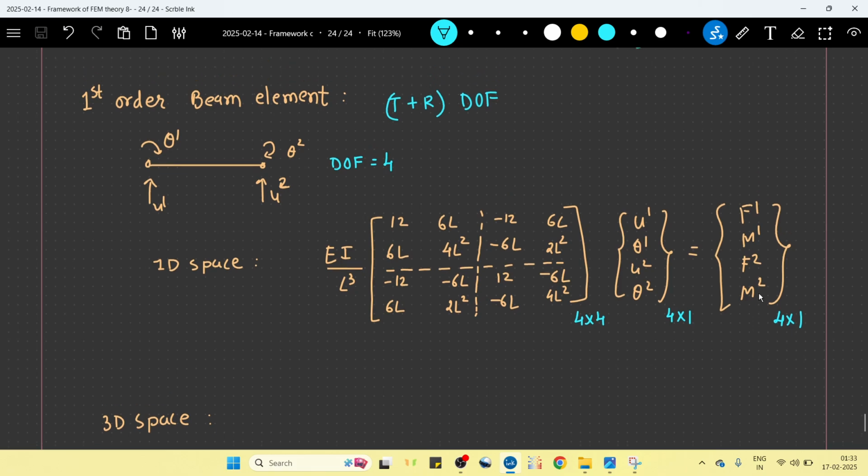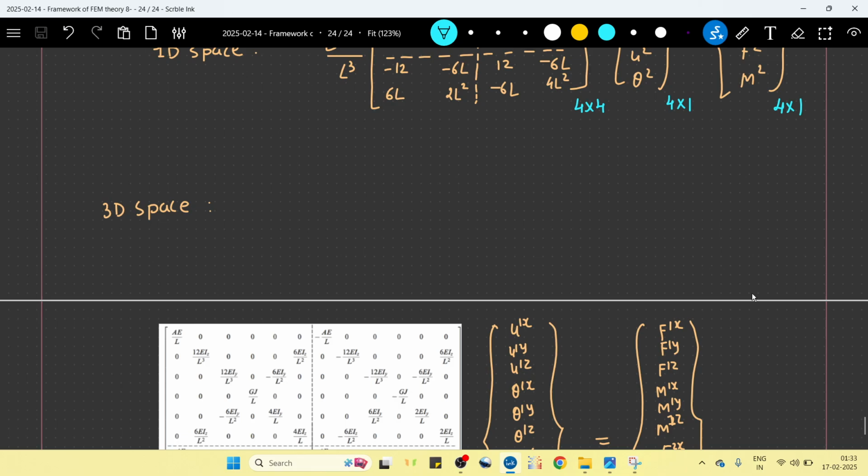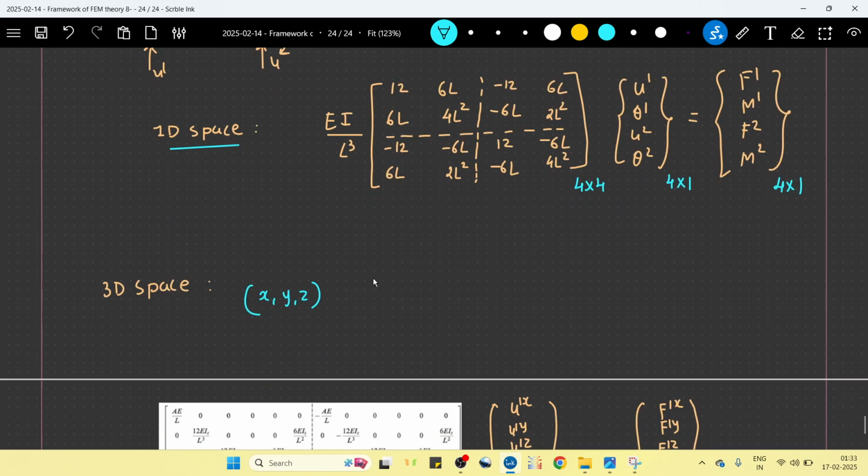Similarly, this first order beam element is represented in 1D space, only in the X direction.